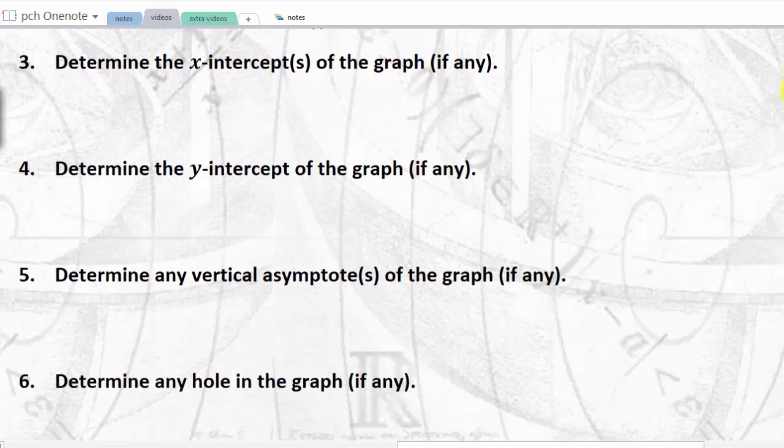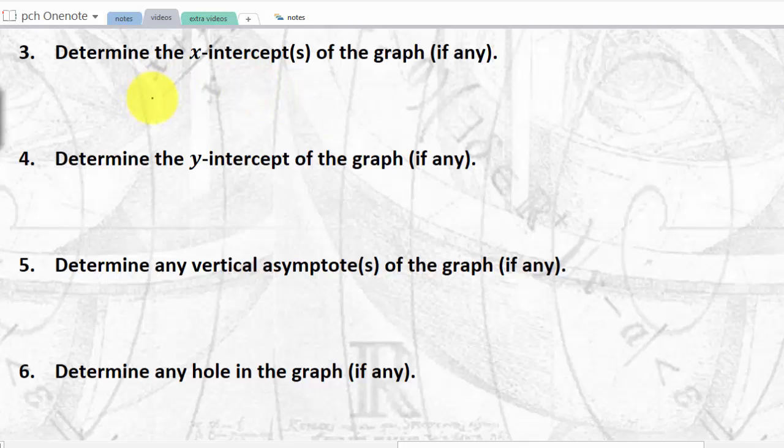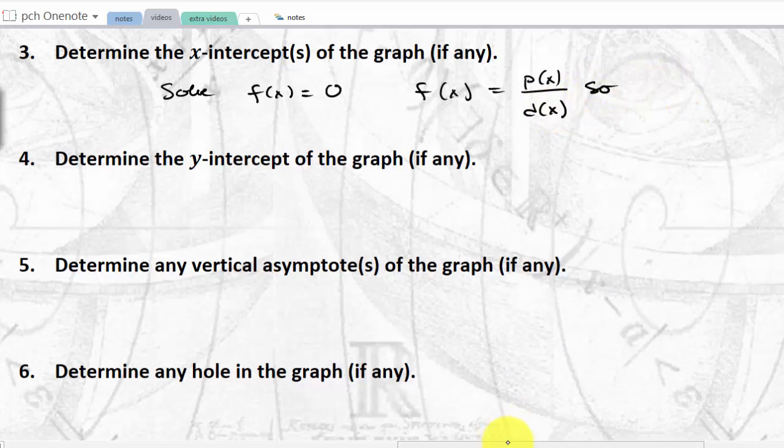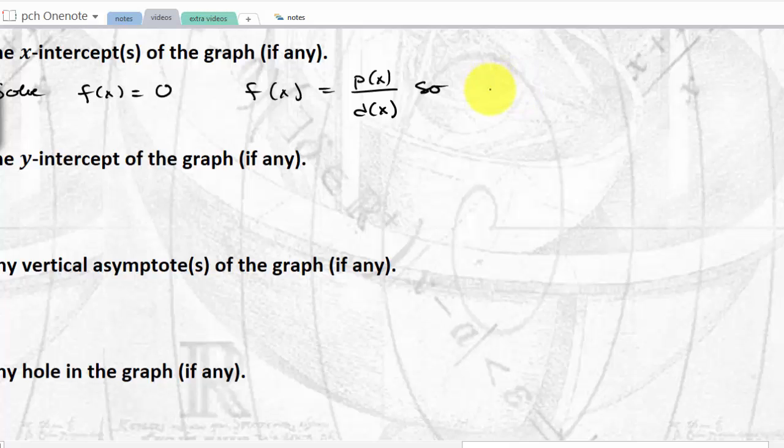Next, determine the x-intercept of the graph. For that you need to solve the equation f of x equals 0. Now, f of x is p of x over d of x, so when is a fraction equal to 0? When the numerator is 0. So f of x equals 0 is equivalent to p of x equals 0.